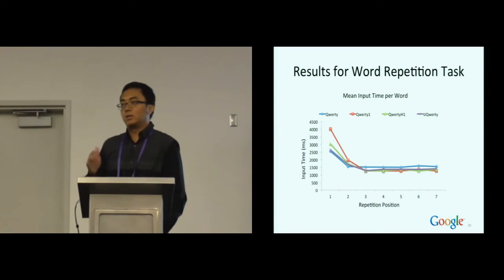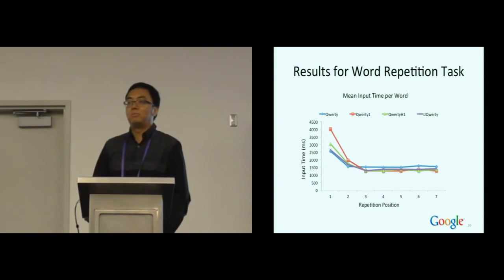So I think it's an approach to simulate your expert mode in a short period of time. So I hope I answered the question. So would you like to say that by repeating the same word approximately 7 times, the motor speed has been achieved? Yeah, the movement time.